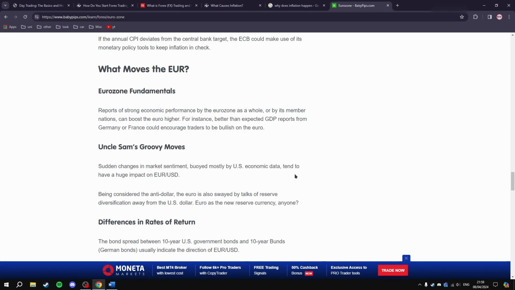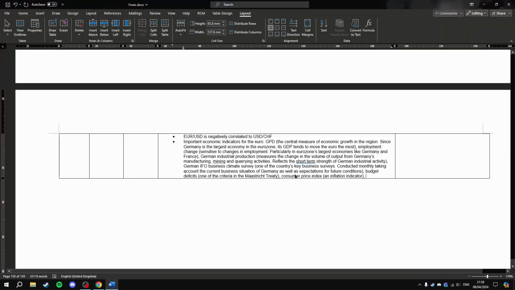If the annual CPI deviates from the central bank targets, the ECB could make use of its monetary policy tools to keep inflation in check.